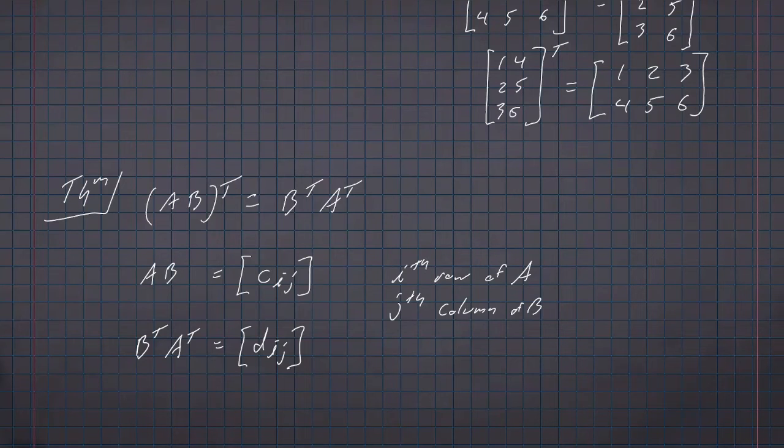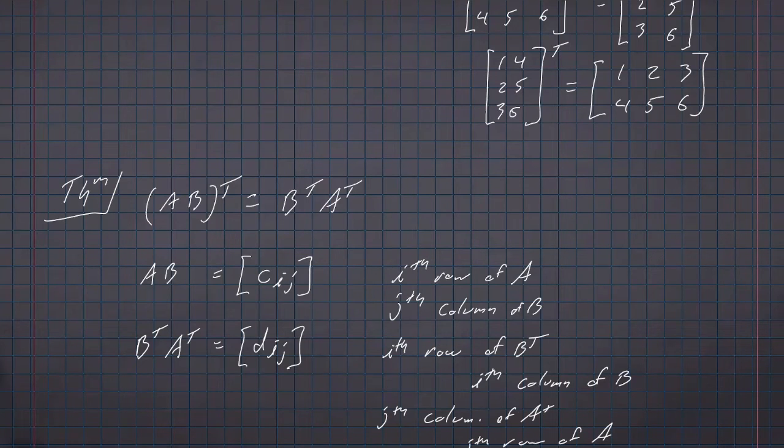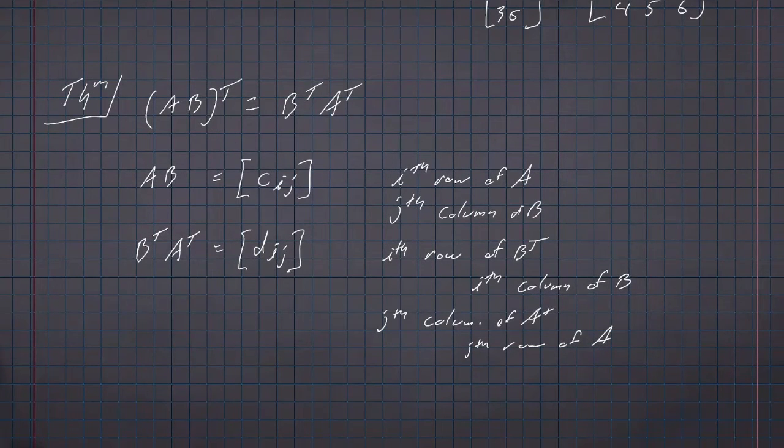But this is coming from the ith row of B transpose, which is the ith column of B, and the jth column of A transpose, which is the jth row of A. And what you can see in looking at these two things is that we have swapped i and j between AB and B transpose A transpose.